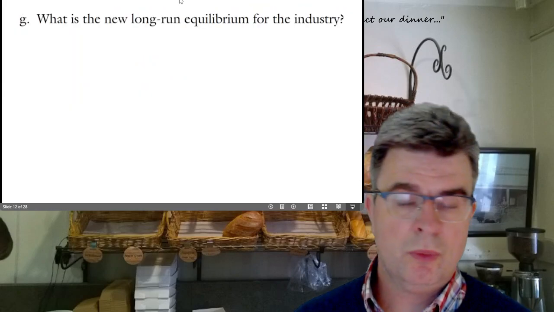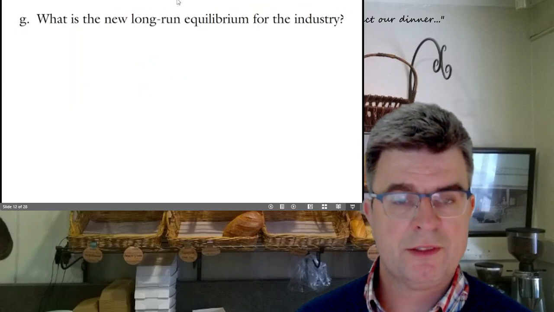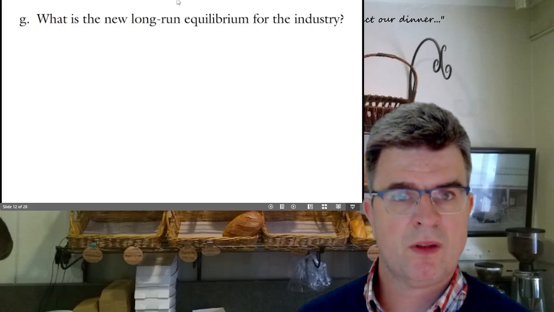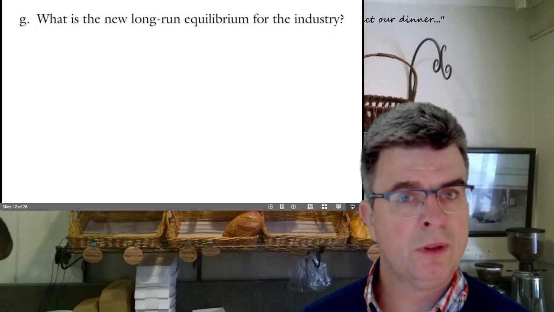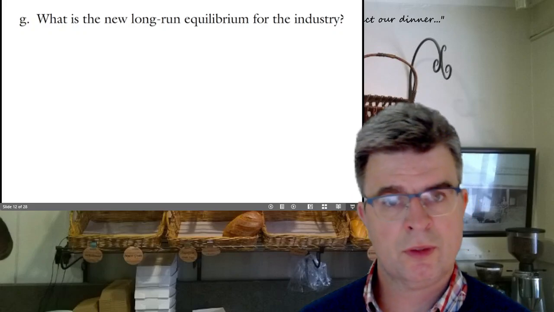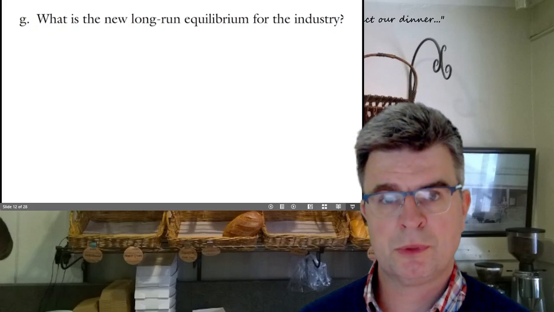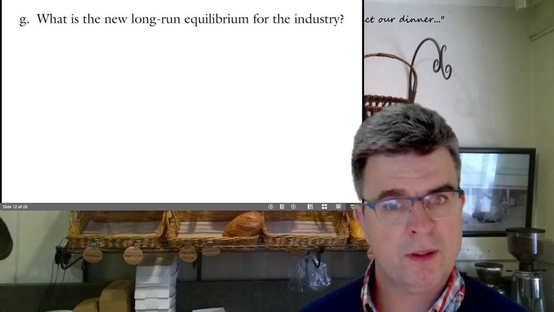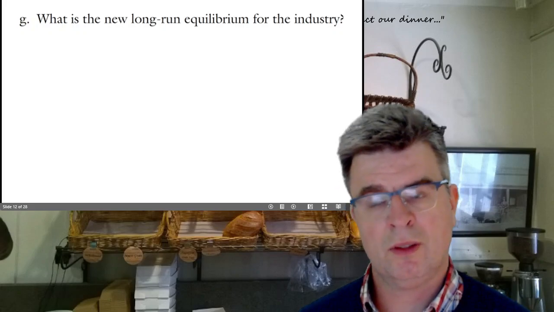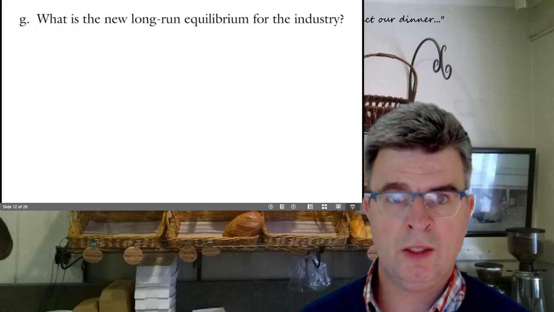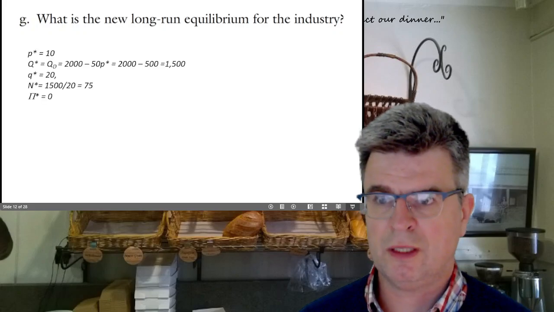Now, to complete the exercise, we move to the long run. In the long run, firms that are active can adjust their output, but also new firms can enter the industry or existing firms can exit. We saw in the previous question that the firms make a profit in the industry, so that will attract entry.